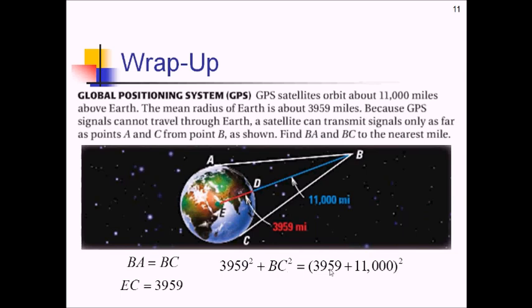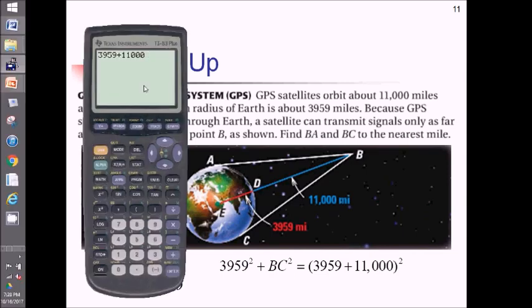And now I'm just going to do pretty much this entire thing on the calculator because I'm out of room. So let me get my calculator out. So I've got 3,959 plus 11,000 comes out to 14,959. I'm now going to square what I just got, and that gives me this right half of the equation here. From that, I'm going to subtract 3,959 squared.